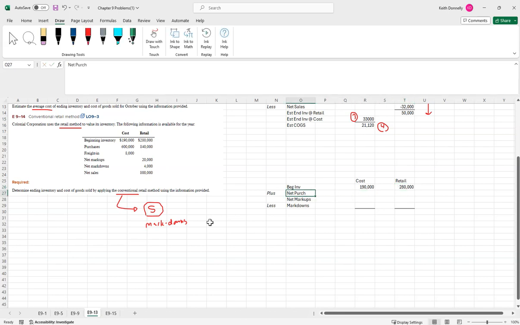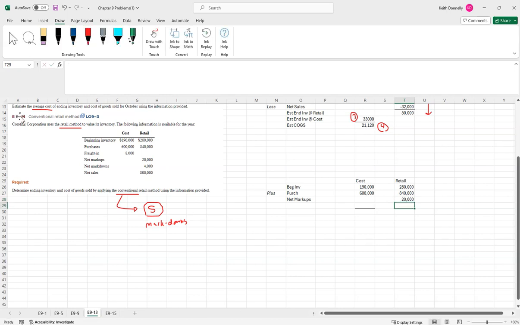We then have purchases in this case of 600,000 at cost, 840 at retail, and then net markups of 20,000.